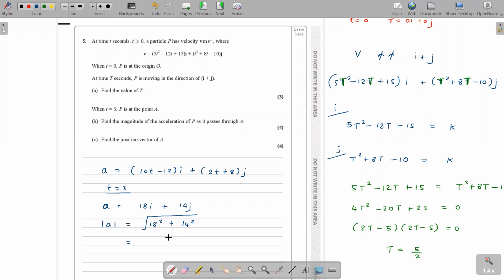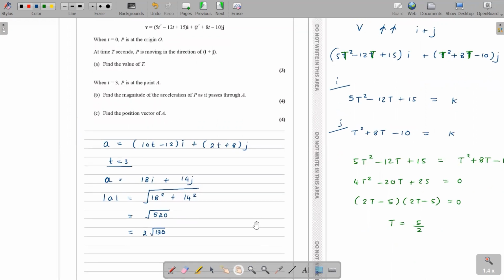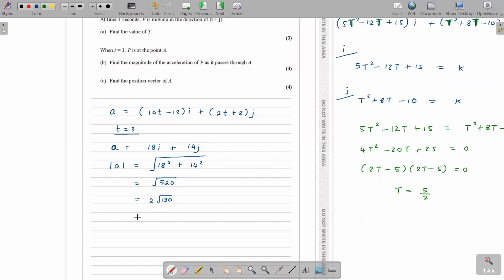So what do we get here? Root 520, which is 2 root 130. You could leave your answer like this, or you could give it to 3 significant figures, which is 22.8 meters per second square.